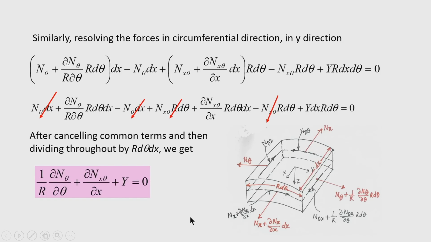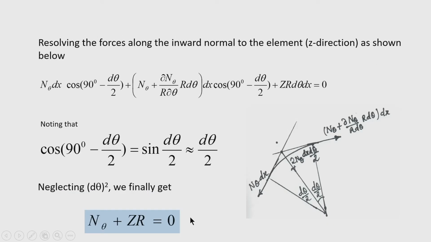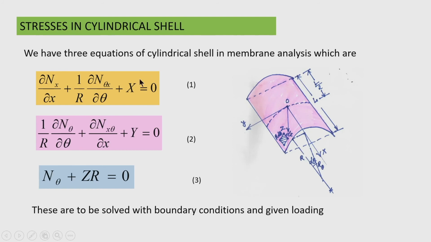Now, we have got 3 equations of equilibrium in the membrane theory for this cylindrical shell. The first equation is ∂n_x/∂x plus (1/r) ∂n_θx/∂θ plus X equal to 0.